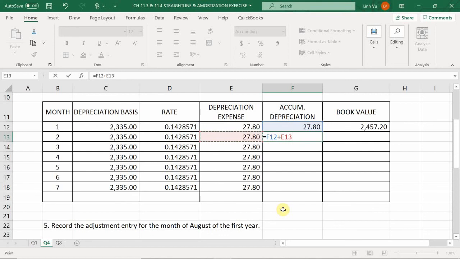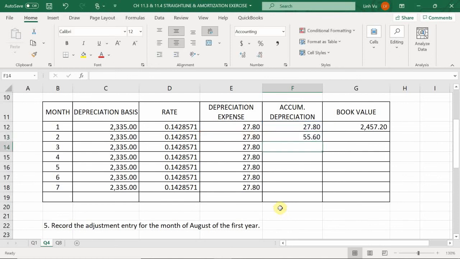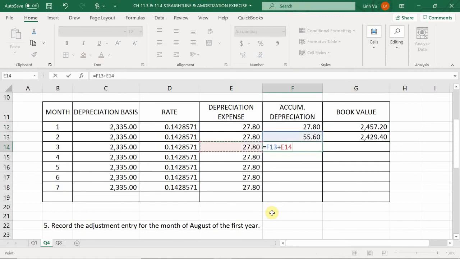So this one plus this one. 55.60, which brings my book value down to the cost of the asset minus the accumulated depreciation. 2429.40. Good, okay? So then what's going to be my accumulated depreciation for my third month?